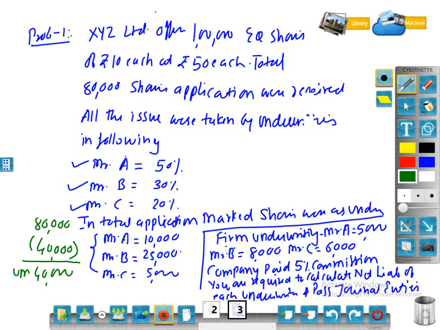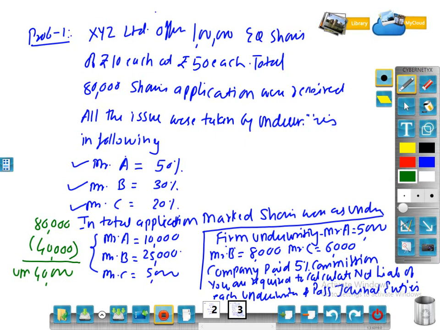What is the meaning of firm underwriting? The firm has applied and will take Mr. A 5,000 shares, Mr. B 8,000 shares, and Mr. C 6,000 shares.